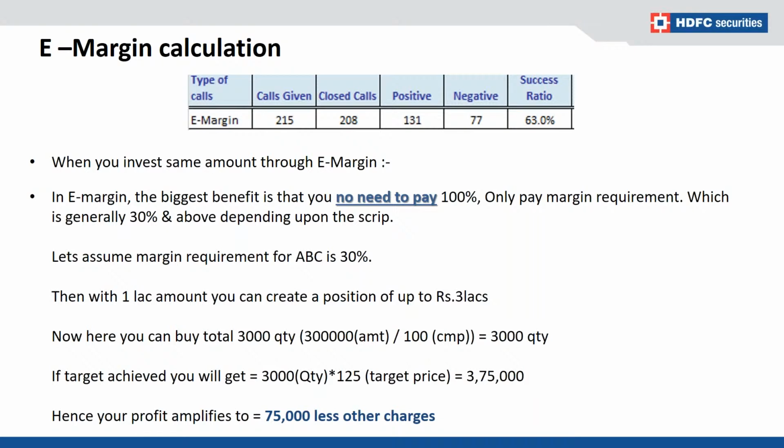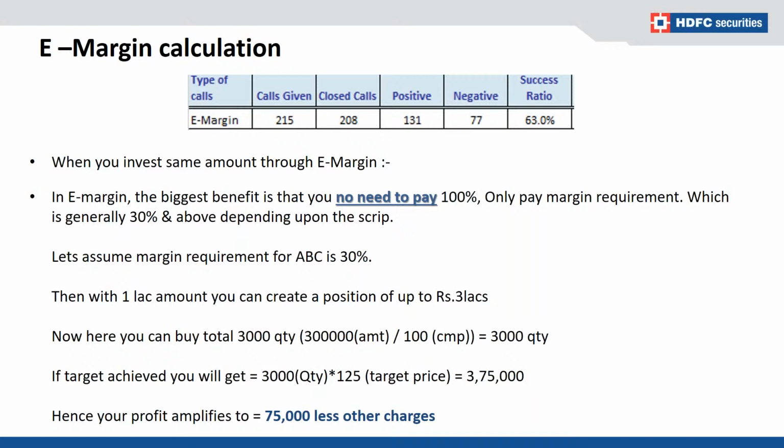Since 2 lakh rupees is leverage, in case the target reaches 125, he will earn 3,75,000 as the net amount, and he would be earning 75,000 minus the charges, the brokerage, and the interest as well. Interest, as I said, we charge 0.05 per day from the position being taken till the position is closed. So you see the customer makes a profit of 3 times.